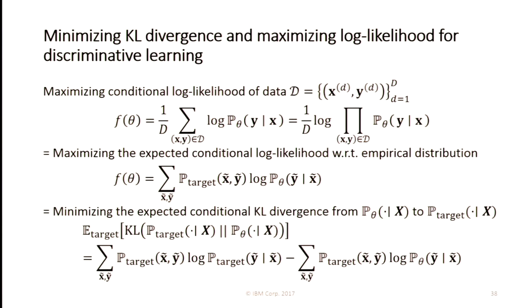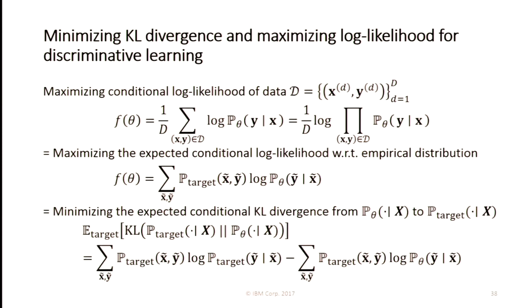And we also want to relate this to Kullback-Leibler divergence. And here is how you can do it. So this is equivalent to maximizing the expected conditional log likelihood with respect to the target distribution, when the target distribution is the empirical distribution defined by the data. So this is equivalent to this. And maximizing this is equal to minimizing this expression, which is the expected value of the conditional Kullback-Leibler divergence to the target distribution.